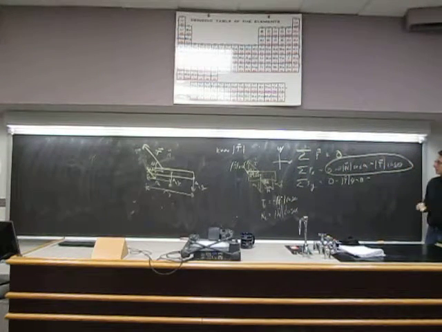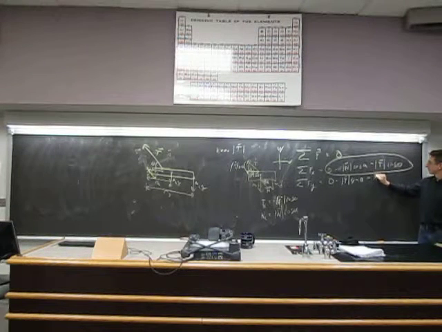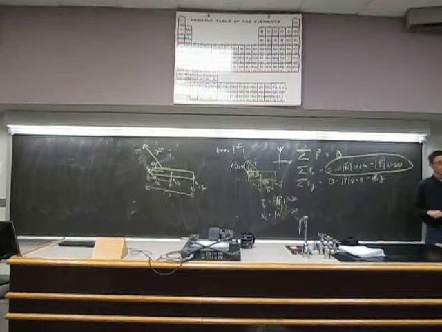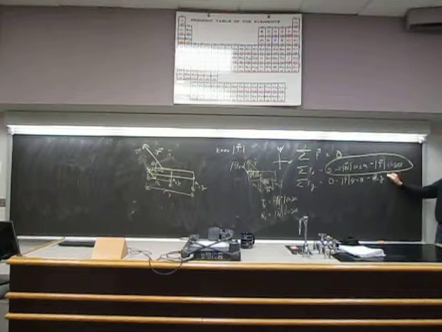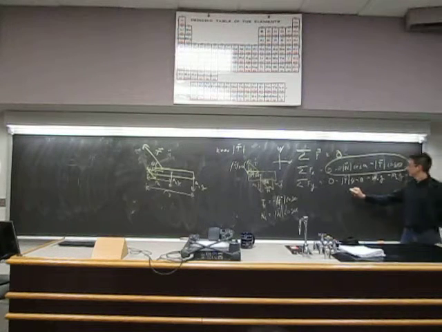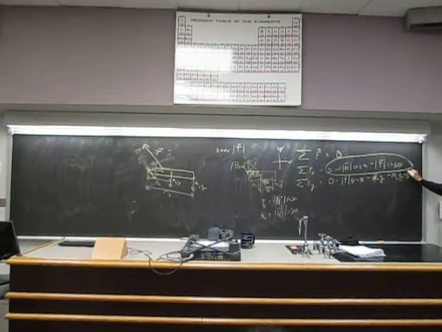Minus M_arm g, the mass of the arm times g. And then minus M_H g, the mass of the hanging mass times g. And minus N sine of alpha.